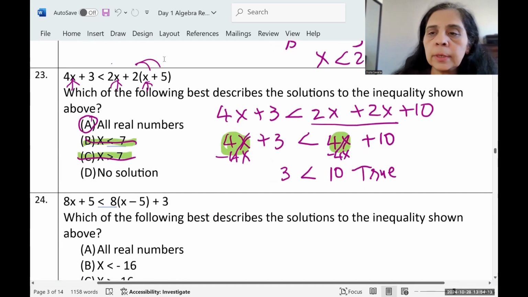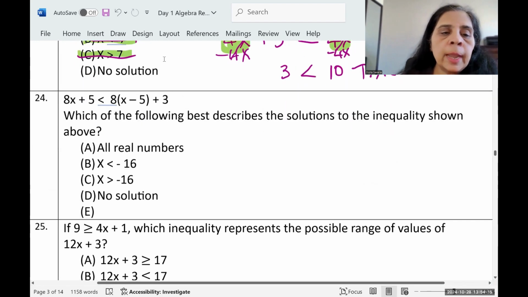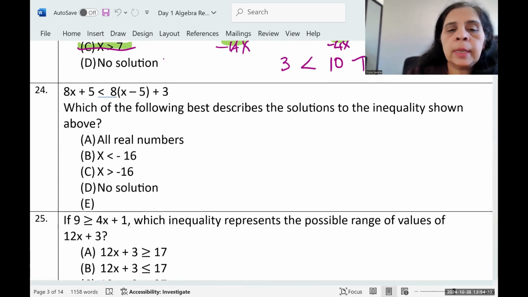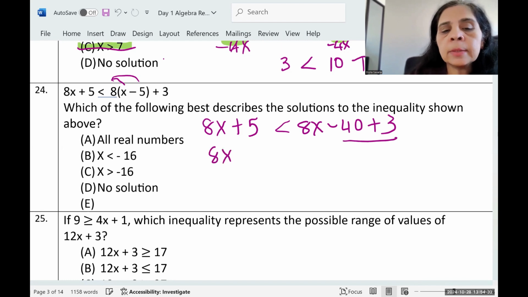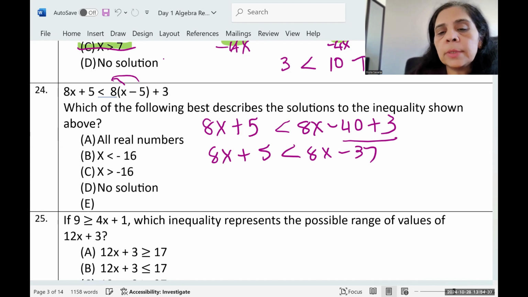Let's see the next one here. Again, we have an inequality and we need to check. So we will just use the distributive property: 8x plus 5 less than 8x minus 40 plus 3. We can simplify this. 8x plus 5 less than 8x minus 37.